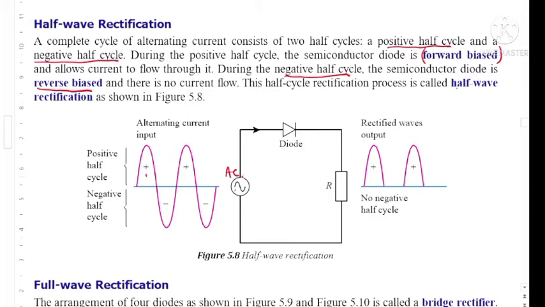So we can mark here as A, for example, and this point is B. So for the first half positive, let's say the current is flowing from A to B. When current flowing from A to B, A function as a positive terminal, B function as negative terminal. Now you check the diode. This is positive, this is negative. So you can see the P-type connector positive, the N-type connector negative. So this one, we call it forward bias.